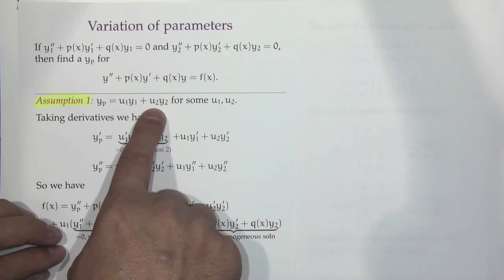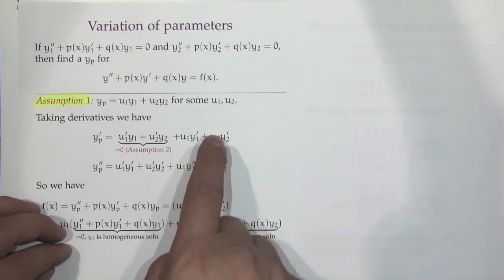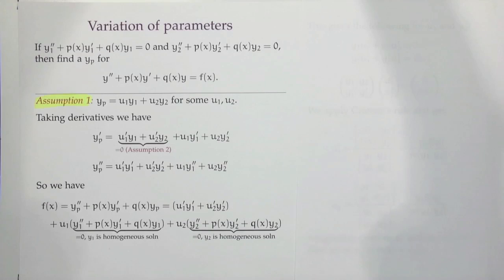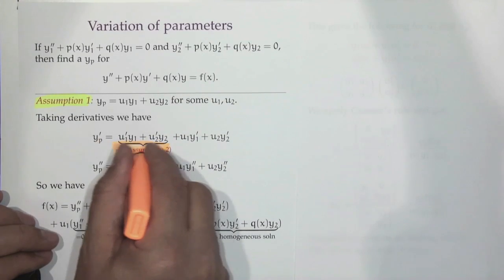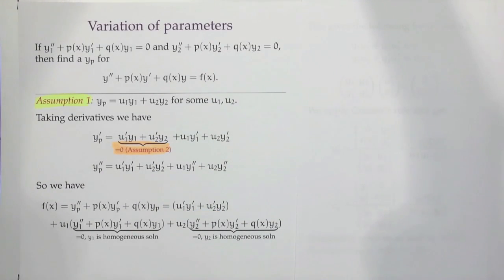Similar, u2 prime times y2 plus u2 times y2 prime. And then you'll see that there's some small text under here. It says, hey, let's make this 0. So we say, okay, you can do that. Now you might say, why are we allowed to do that? This is actually an interesting question.